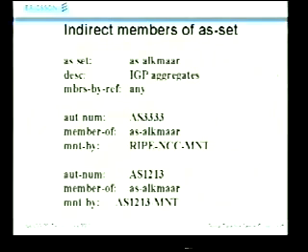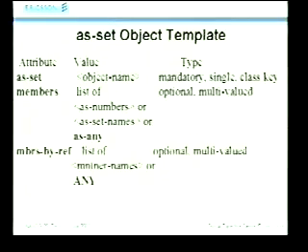Here is the AS set object template. I'll leave the templates for you to read in the draft or the RFC. I just say here is AS-any. Notice members, AS-any means any AS can be a member of this AS set.